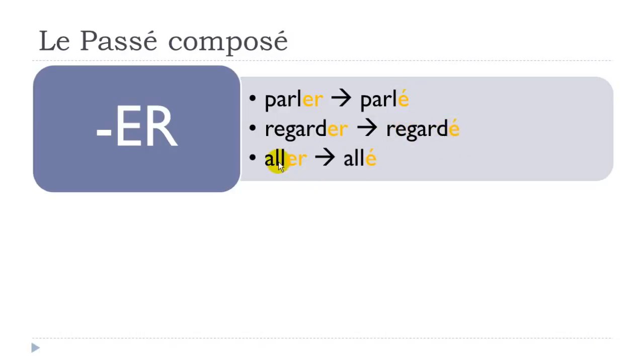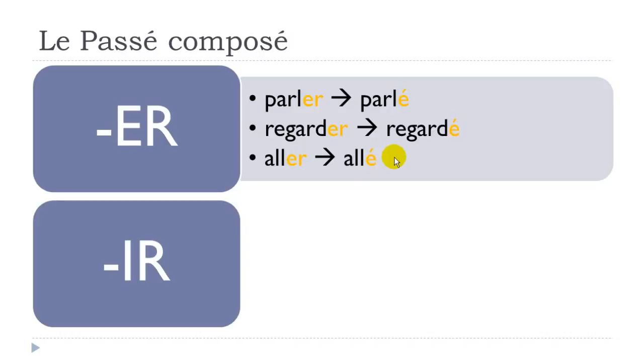Okay, and then even the highly irregular verb aller, because aller doesn't belong to the first group, even if it ends with er, we saw that previously. But even this verb will give a normal or easy participe passé. It goes like allé, like that. So parler, regarder, regarder is to watch, and then aller, aller is to go.